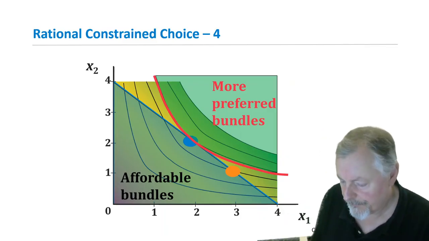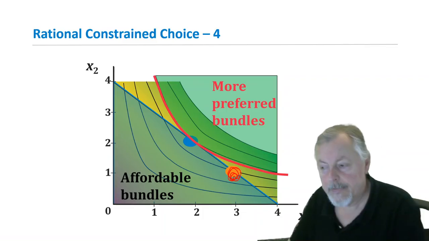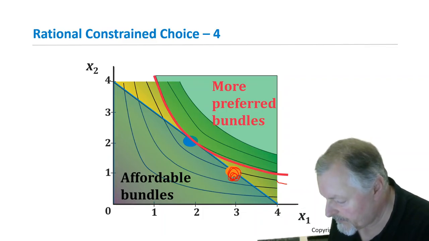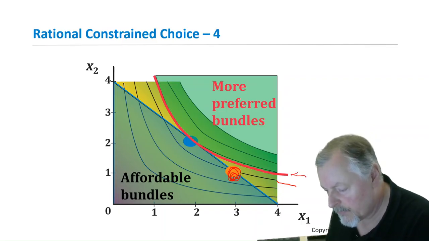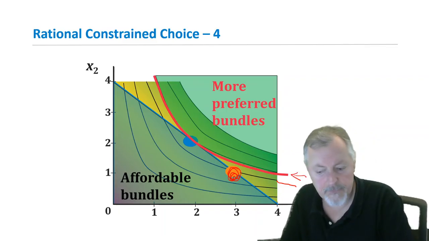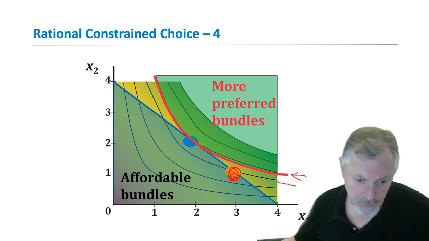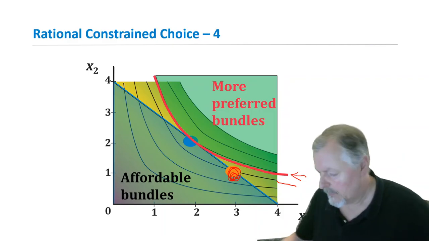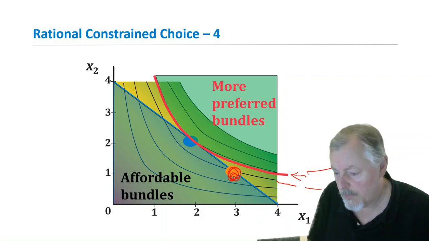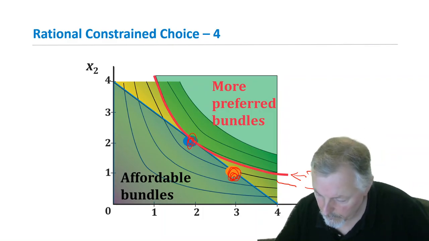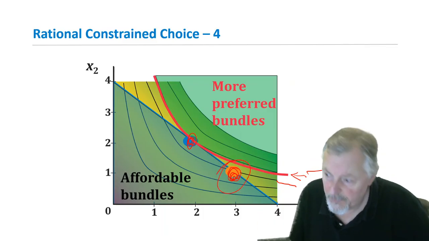You can see here that this one doesn't do that. It puts them on this indifference curve. But they can afford a bundle on that indifference curve. Since this curve is higher than that one, they prefer that bundle over that one.